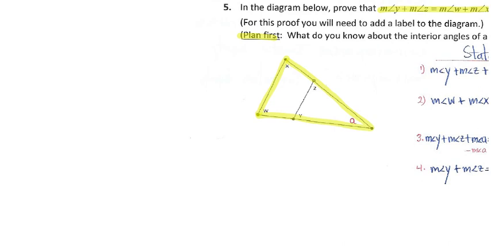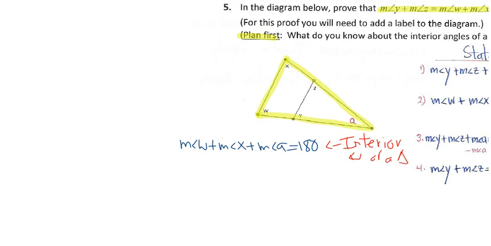So for the big triangle, if we use the three interior angles, we will have this equation. Measure of angle W plus measure of angle X plus measure of angle A is equal to 180, because those are interior angles of a triangle.